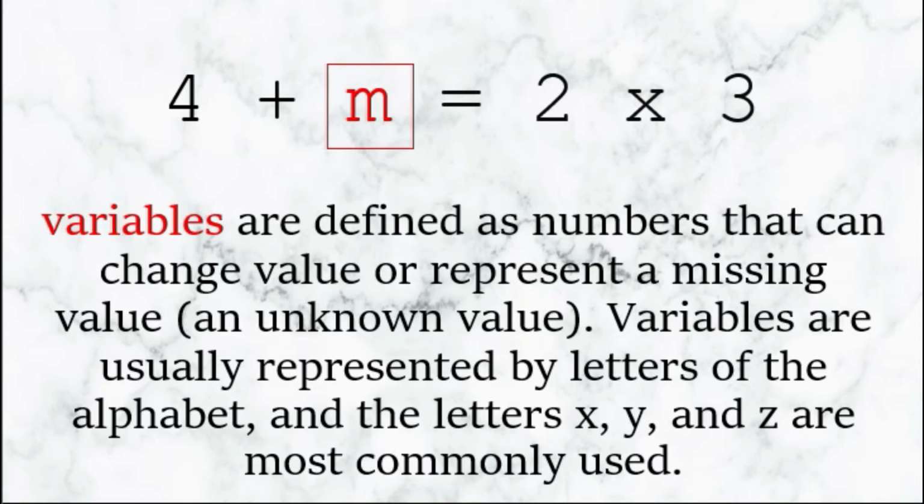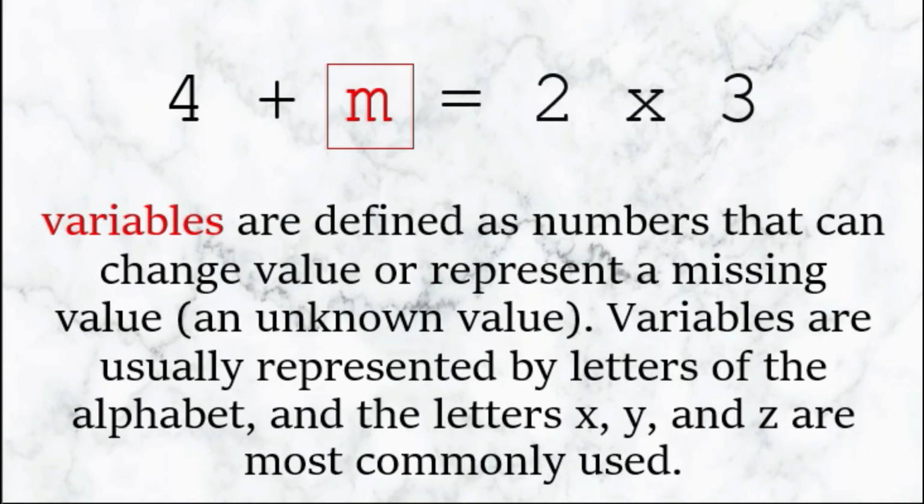Variables are defined as numbers that can change value or represent a missing value, an unknown value. Variables are usually represented by letters of the alphabet, and the letters X, Y, and Z are most commonly used. Actually, any letters you can use.